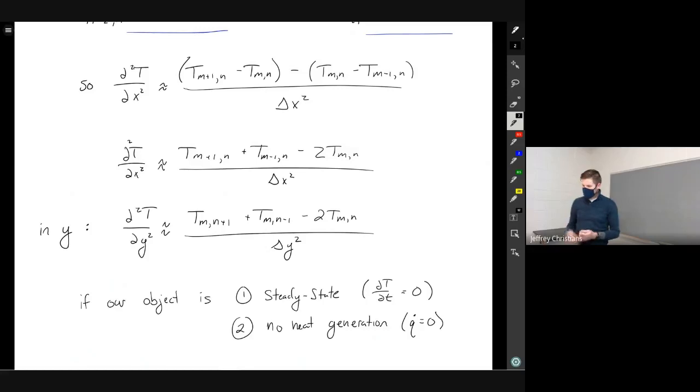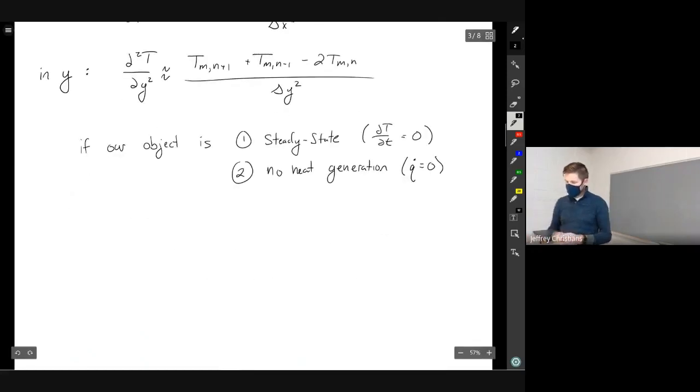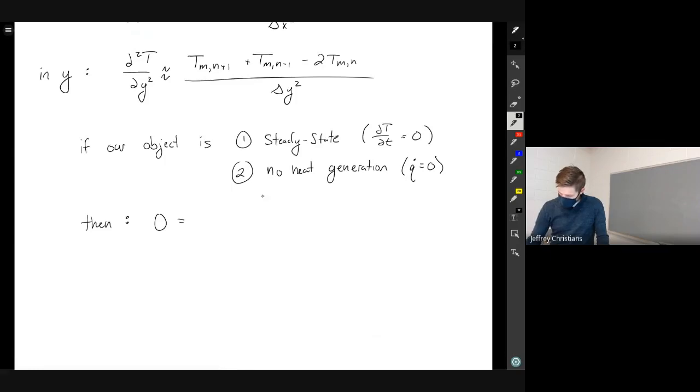If those two things are true, that simplifies our partial differential equation. Then we would get 0 equals d squared T dx squared plus d squared T dy squared.